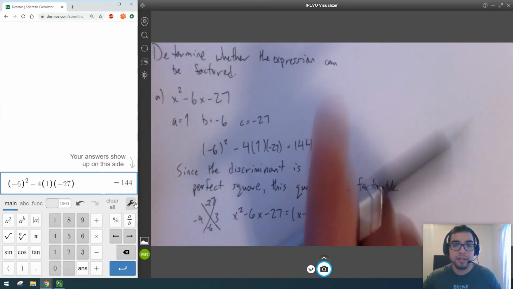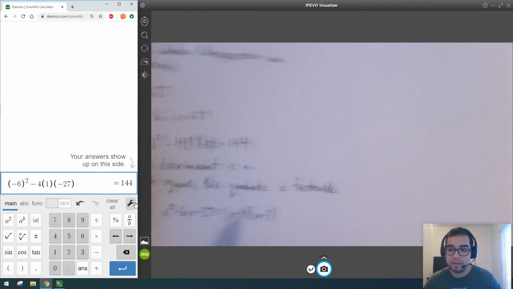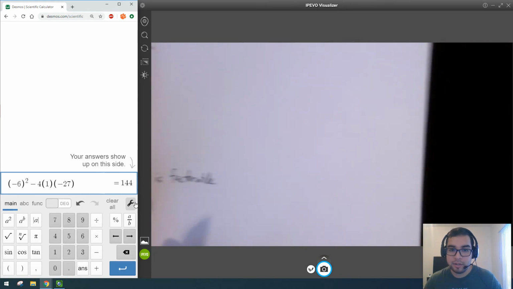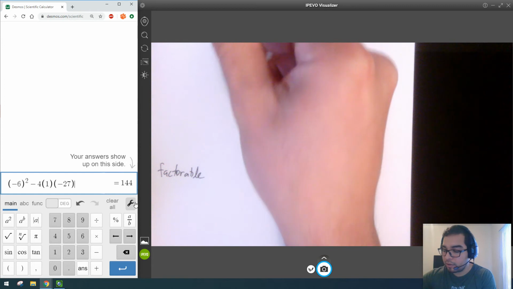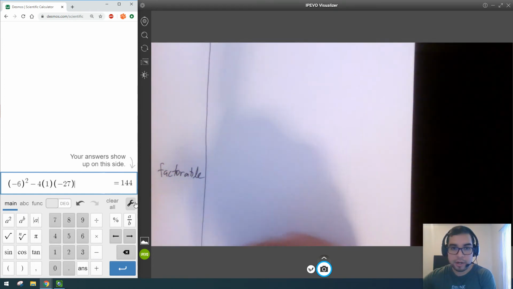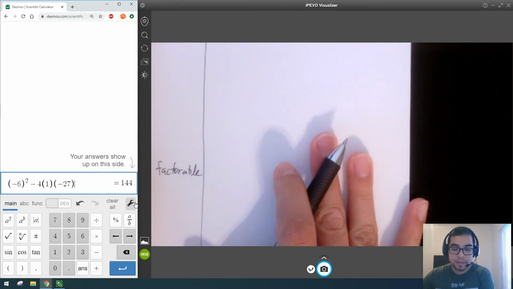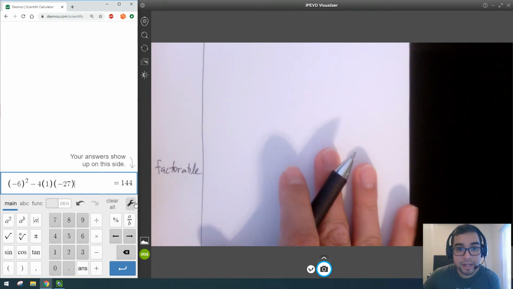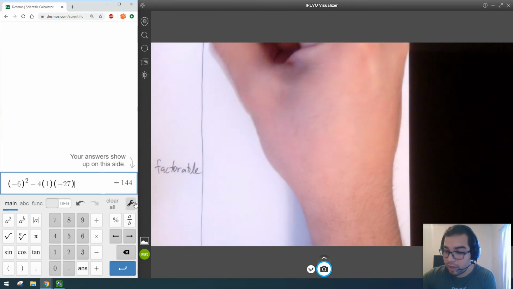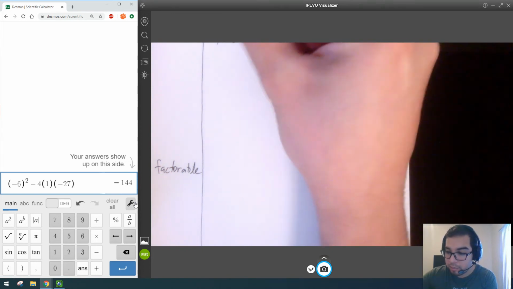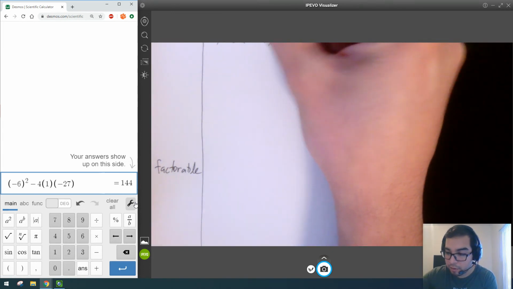We're going to determine whether the expression can be factored. I'm going to move this over to where I have some space, and draw a line to separate my work. Let's take a look at this next one. We'll call this one B, and we have 2x squared plus 7x plus 4.